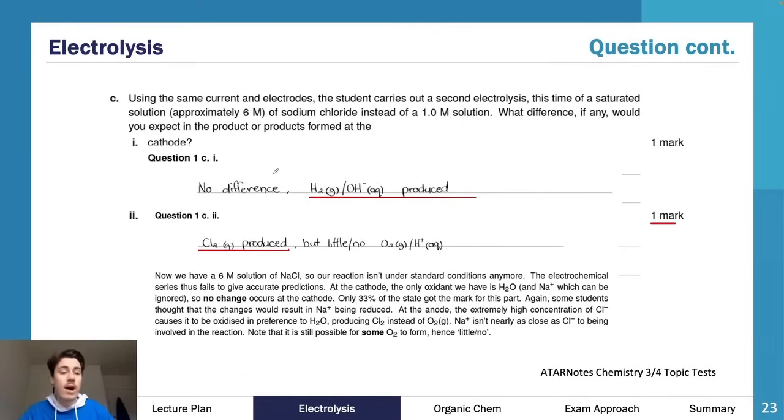Full stop. Writing something like that just justifies to the examiner that you know what's going on. You are switched on. You know what you're talking about. You are going to definitely sit in their good books and get a better mark. So really important, always try and explain what you're doing. Sometimes you don't need to go over the top, but there are times where it's good to explain. Like in this first part, there's no need to explain, but the second part, there probably is. So that's just my point there.